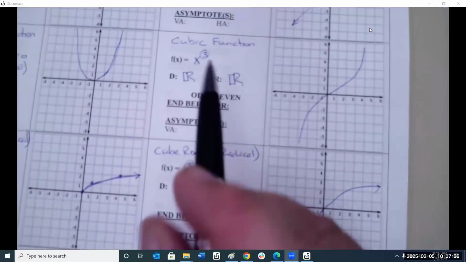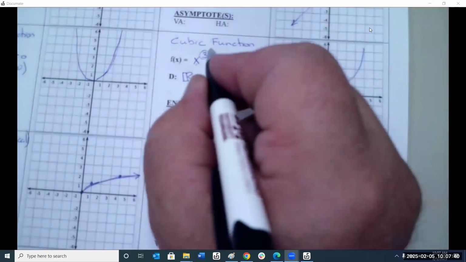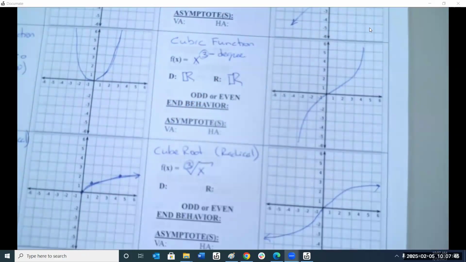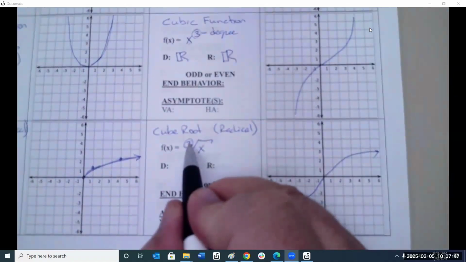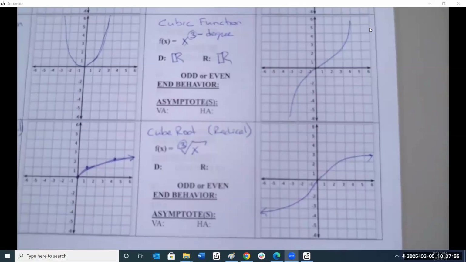Yeah, so if you have an odd exponent, which we call this number here, we call it a degree. If the degree or root are odd, the answer can be positive, negative, or 0.